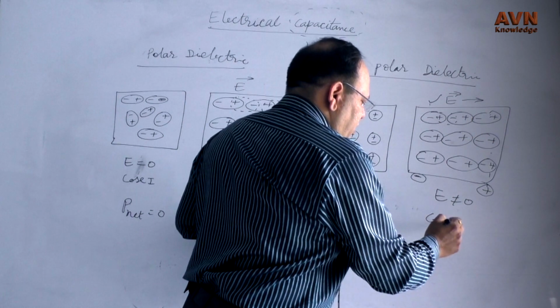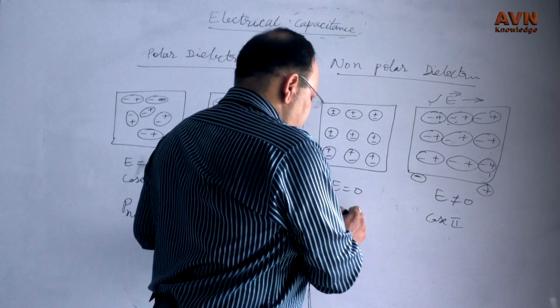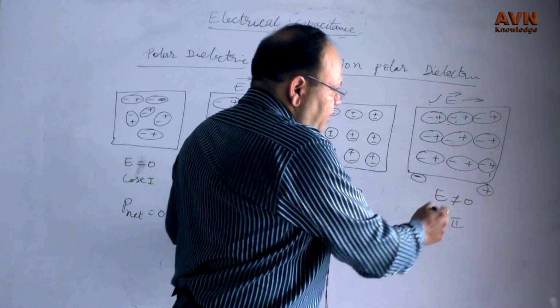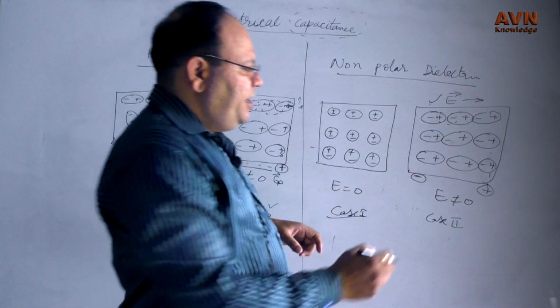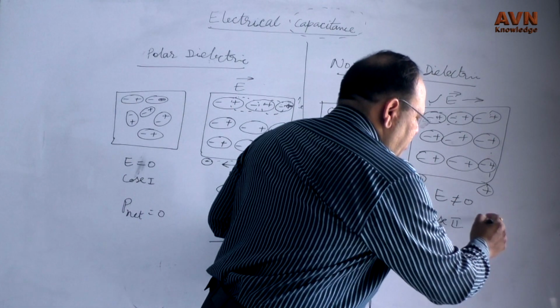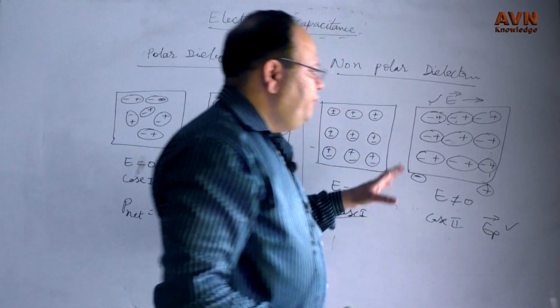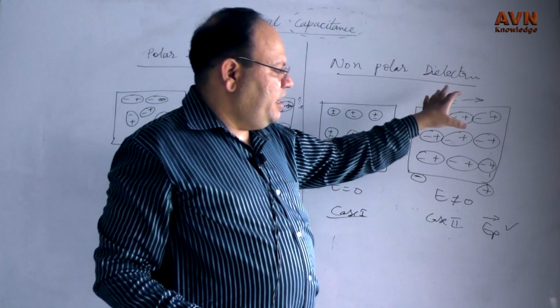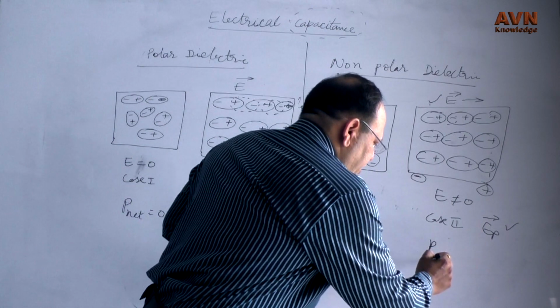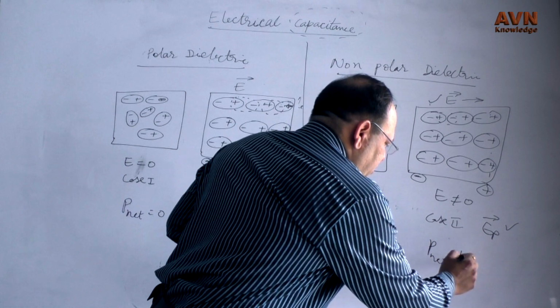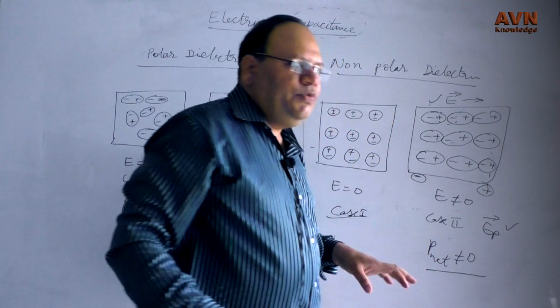This is the second case, and the first case is where the electric field is applied. So when we apply the electric field, an induced electric field is generated which opposes the applied electric field. So here P net is generated, that will not be 0.